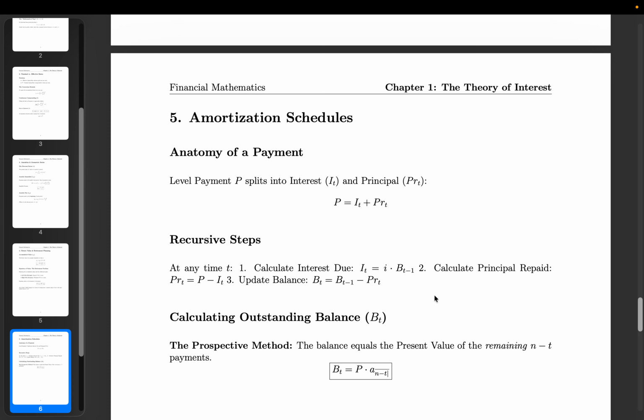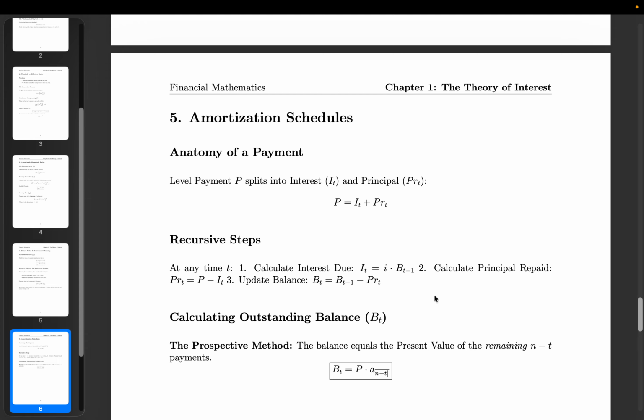However, as time goes on, the balance drops, so the interest drops. This leaves more of your payment available to hit the principal. It's a snowball effect.